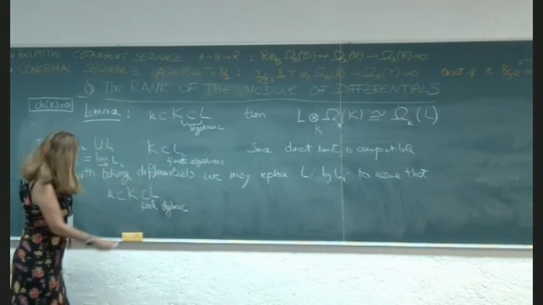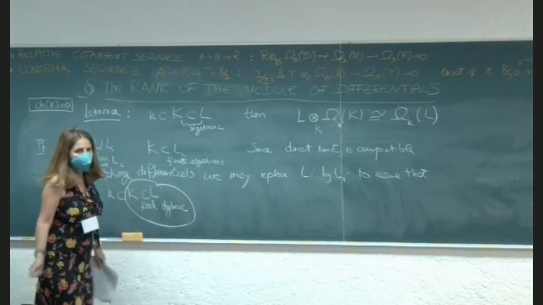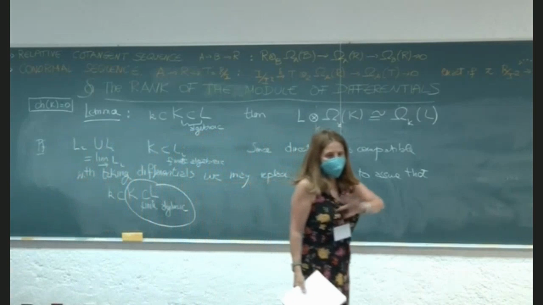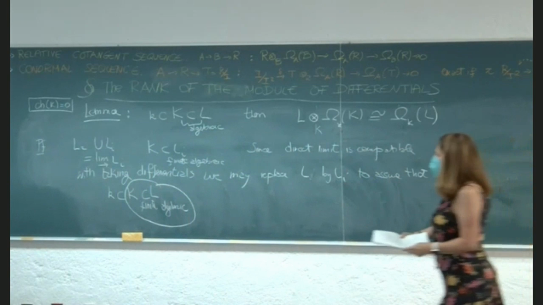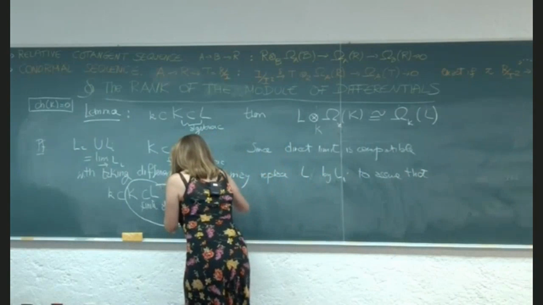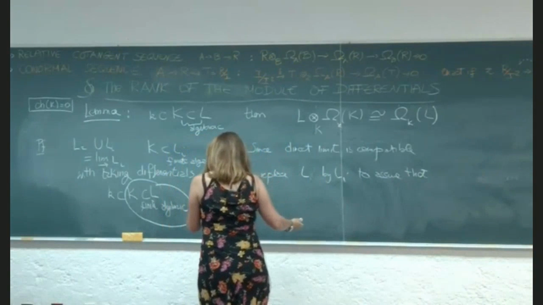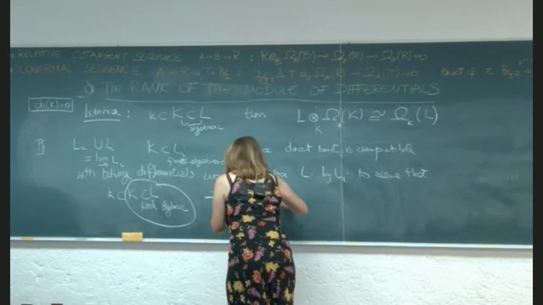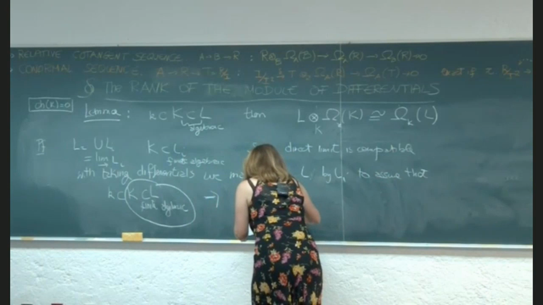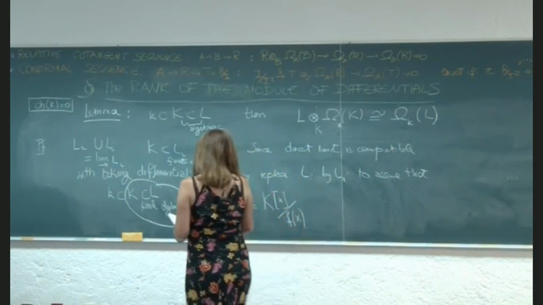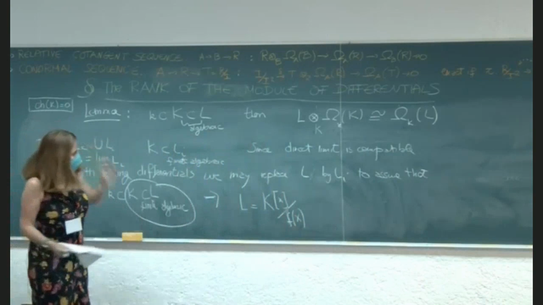Can anybody tell me what's special about a finite algebraic extension in characteristic 0? If you have a finite extension, algebraic in characteristic 0, what do you know? It's simple, because remember we are separable, so it's simple. So it's just generated by one element. So now we know that L is simply K of X over F of X, by the primitive element theorem.